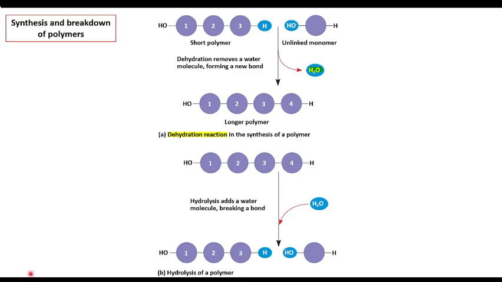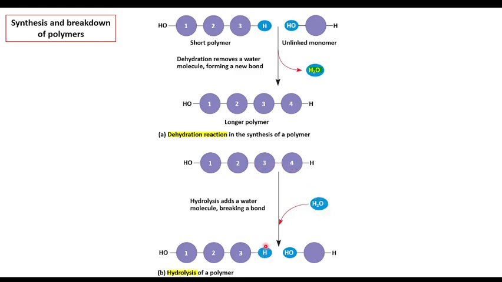It's the opposite for breakdown, or hydrolysis, because the polymers will be broken down and water will be put into the system in order to enable this polymer to break down, or the monomer to separate from the others.